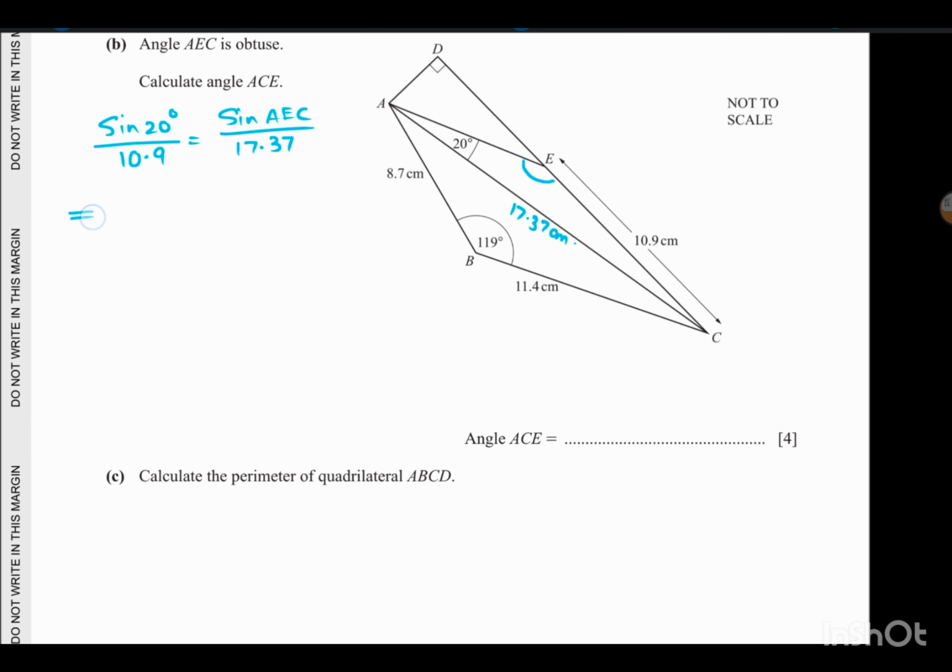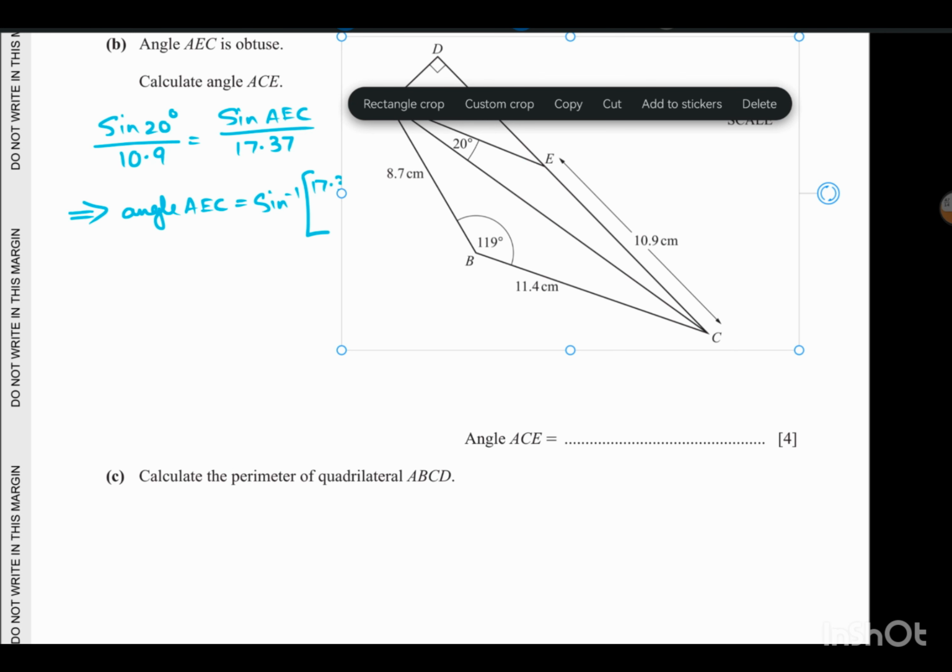So using this, you can find out angle AEC by cross multiplying. We have to take the sine inverse function because I'm finding just the angle. Sine inverse of 17.37 multiplied by sine 20.